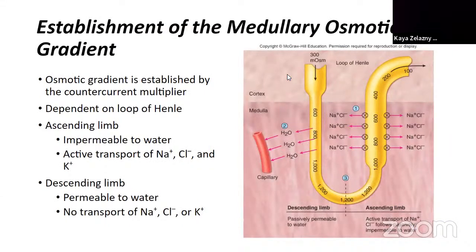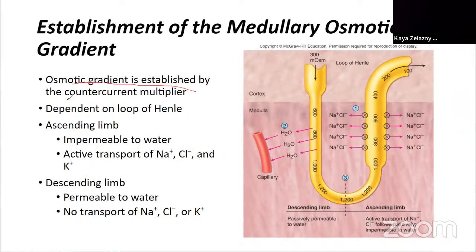Okay. So the osmotic gradient is established by something we call the countercurrent multiplier. That's a key term. Probably should have made it red. What the countercurrent multiplier is referring to is the fact that we have this movement of fluid in opposite directions through the loop.